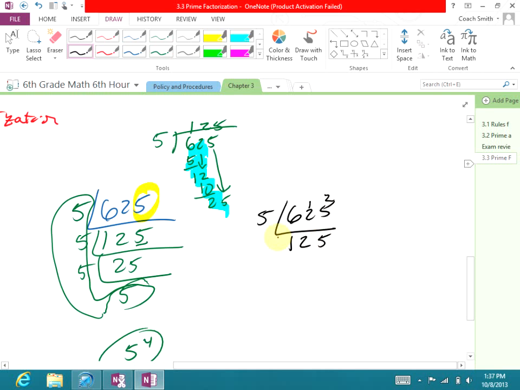I do the same thing with the next one. 5 goes into 12 2 times, remainder 2. 5 goes into 25 5 times. So I'm just doing it like you would a division problem. Me personally, I just do it better that way.